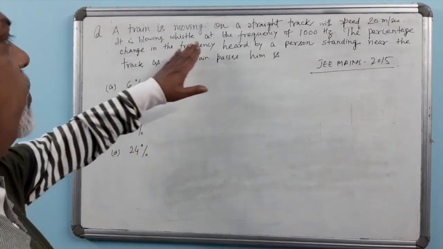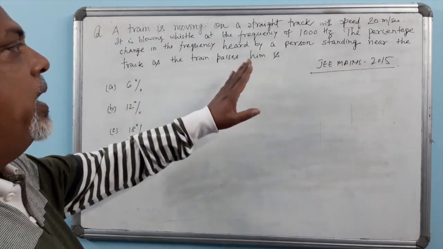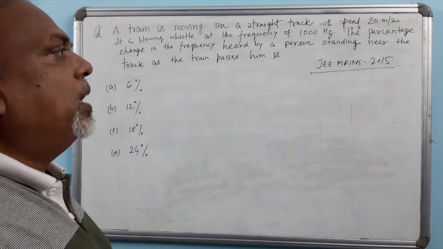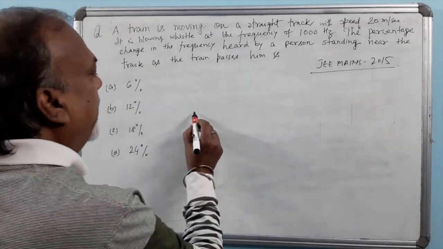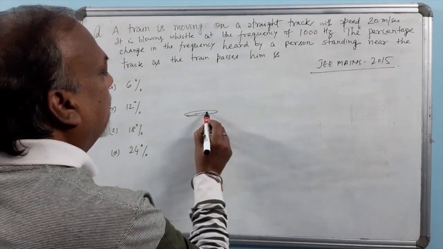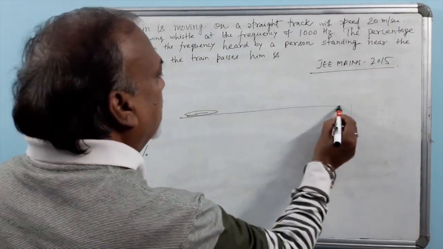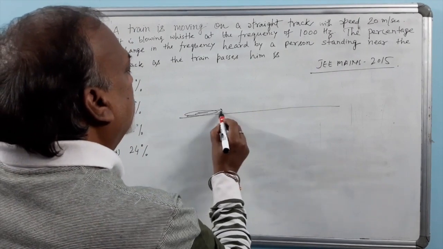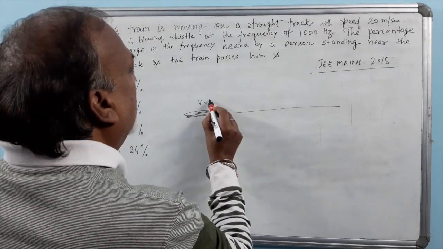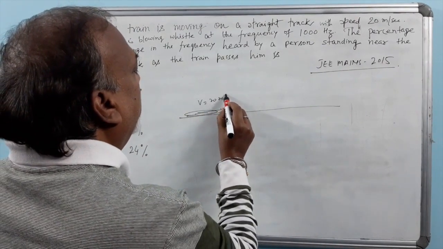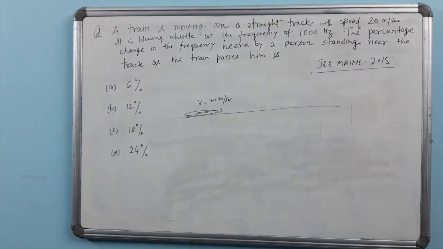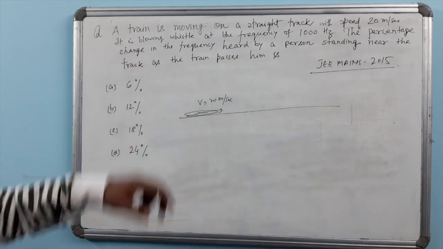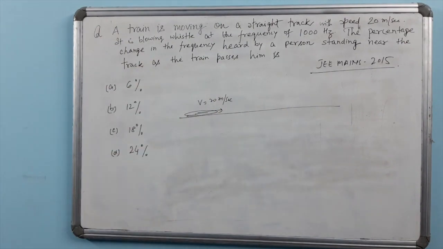A train is moving on a straight track with speed 20 meter per second. So this is the train, it is moving like this with v = 20 meter per second. It is blowing a whistle at the frequency of 1000 Hertz.